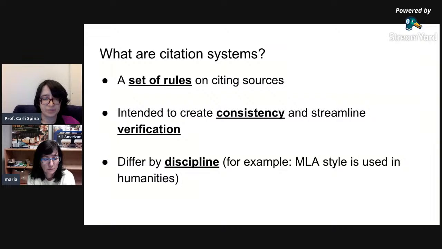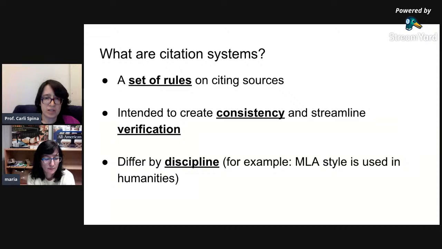It also allows you to streamline verification, because since there is consistency, it makes it easier for you to then go and find the work. You know what you're looking at, you know what information is going to be provided, and you know that's always going to be something you can go and verify based on that information. As I alluded to, they differ by discipline.